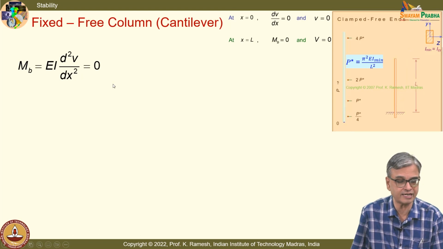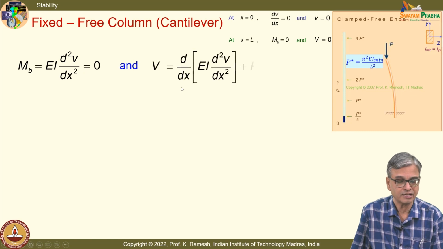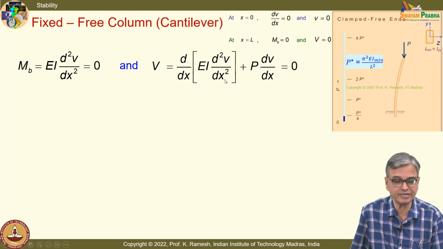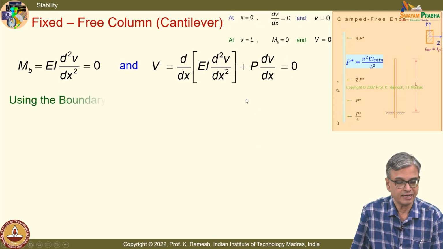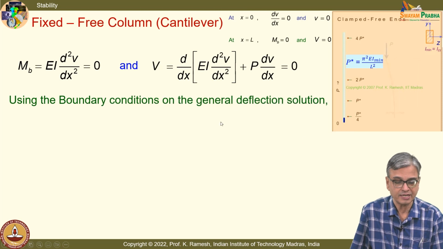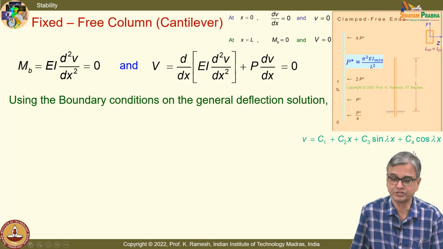I should construct that expression. Similarly, I should construct V equal to d by dx of (EI d squared V by dx squared) plus P dV by dx equal to 0. These two are straightforward, so I can write the expressions by substituting those values. This is the governing solution.